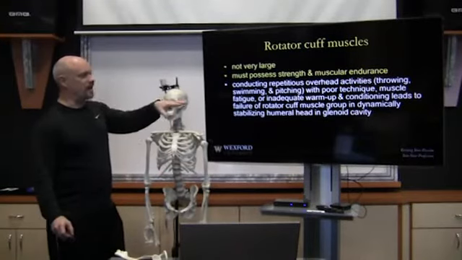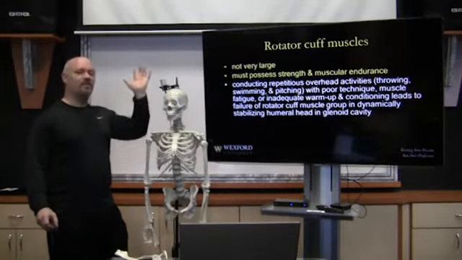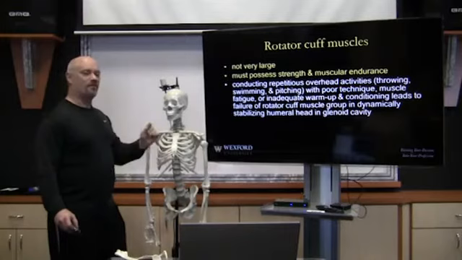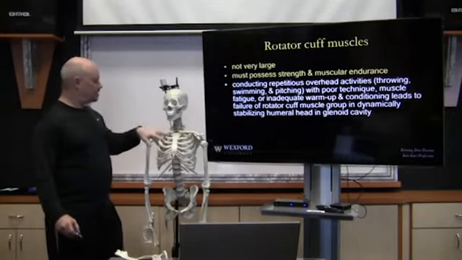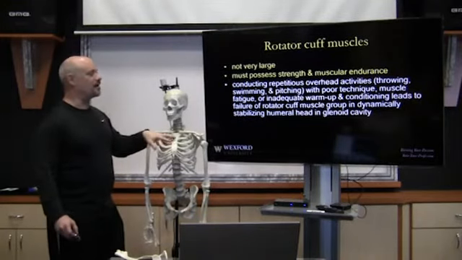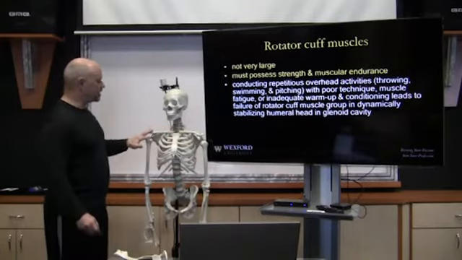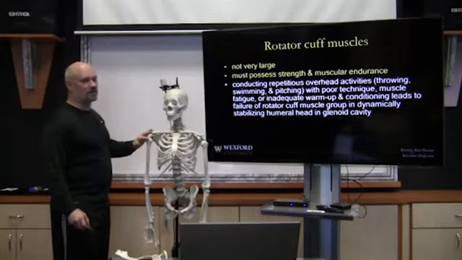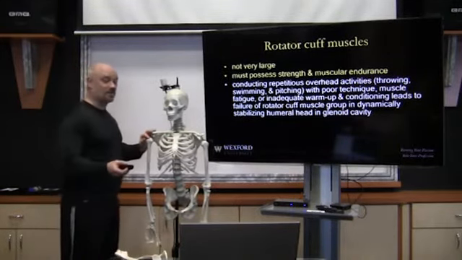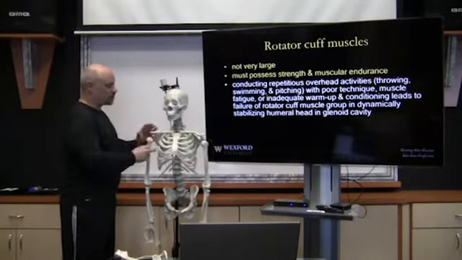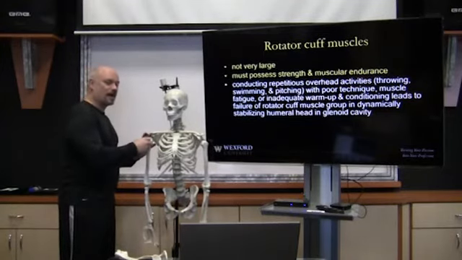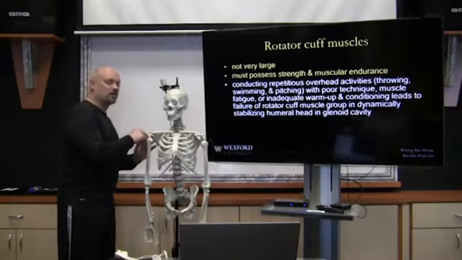Conducting repetitions overhead, throwing, swimming, pitching, even overhead pressing and all that. If you have poor technique, muscle fatigue, or inadequate warm-up conditioning, this leads to failure of these rotator cuff muscles, because if you're in the wrong position and the larger external muscles can't take over so these can stabilize, all the stress will go here.